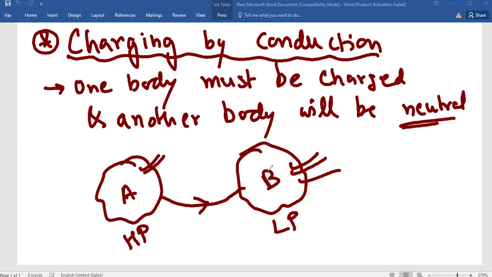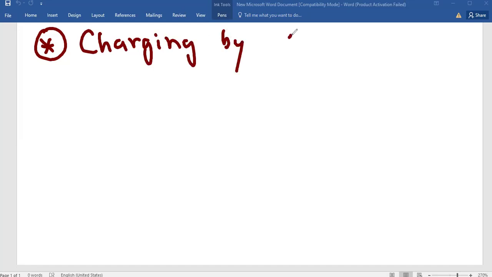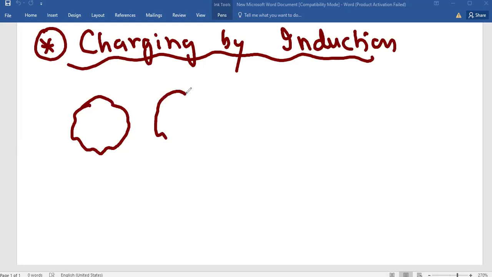Now we will look into charging by induction. By the induction process, here also one object must be a charged body and another object will be neutral.